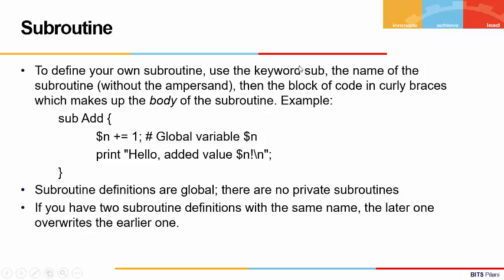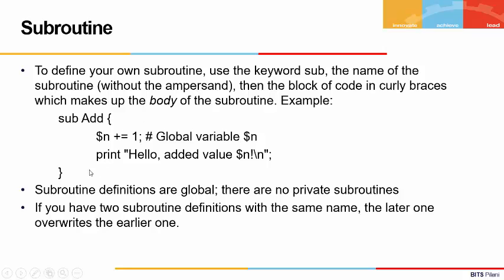We use the keyword sub for defining the subroutine, followed by the name of the subroutine. If you want to access it, we use the ampersand with the name of the subroutine, then the block of code in curly braces which makes up the body of the subroutine.